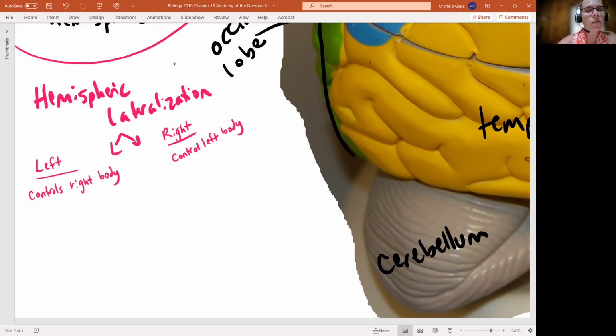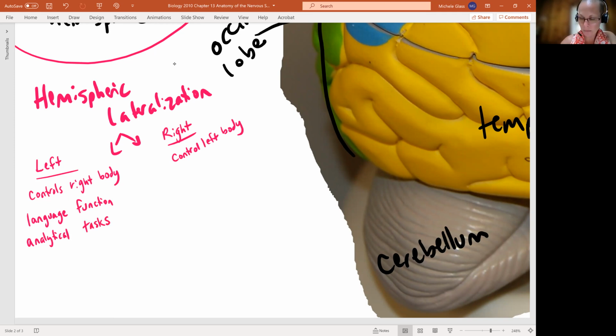And remember, if we're going to control that side, we also need to get sensory information from that side. So the left hemisphere is receiving sensory information from the right body and then controlling the right body. The left hemisphere is primarily involved in language function and analytical functions or tasks.